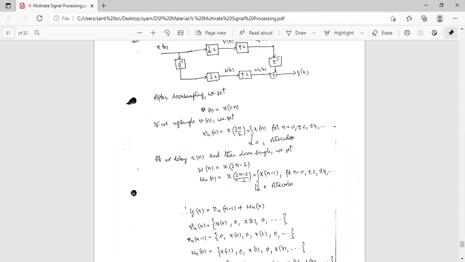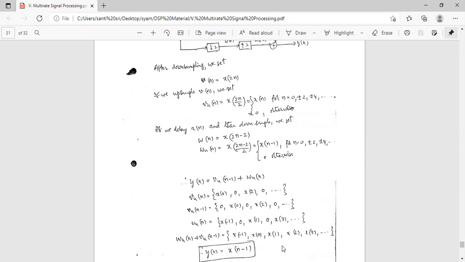Like that, vu of n minus 1 is 0, x of 0, 0, x of 2, etc. In the same manner, w of n is 0, x of minus 1, 0, like this.